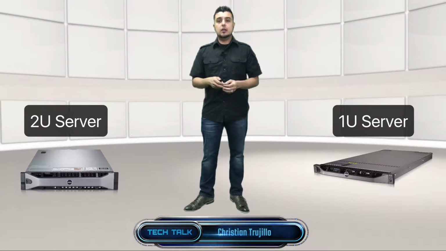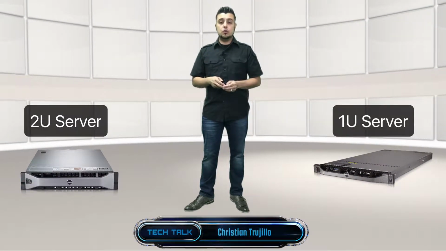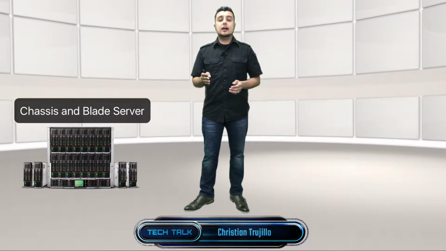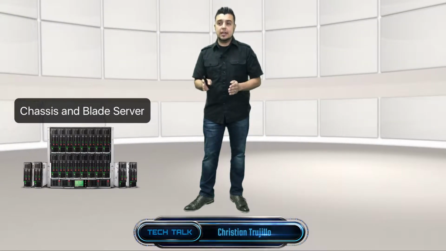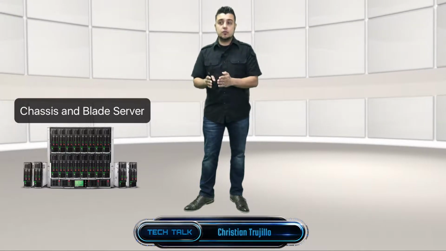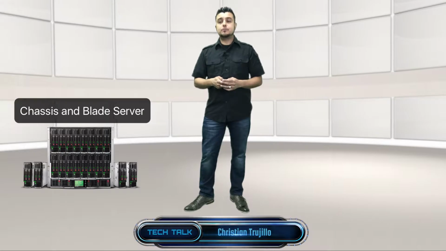There are 1U and 2U servers. There are also blade systems, which is one big chassis containing multiple blade servers inside it. Those are the different types of servers that there are physically.